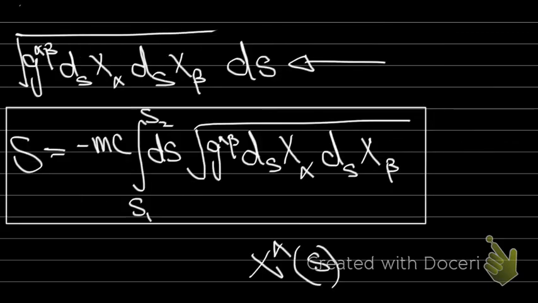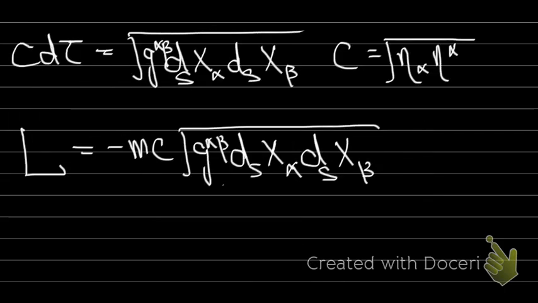And so then we defined our action, and with that term I just replaced the square root of eta alpha beta times eta alpha beta, and so this is the Lagrangian that we get.